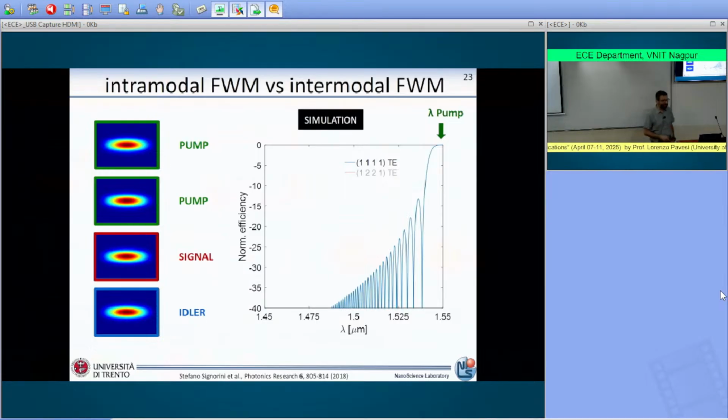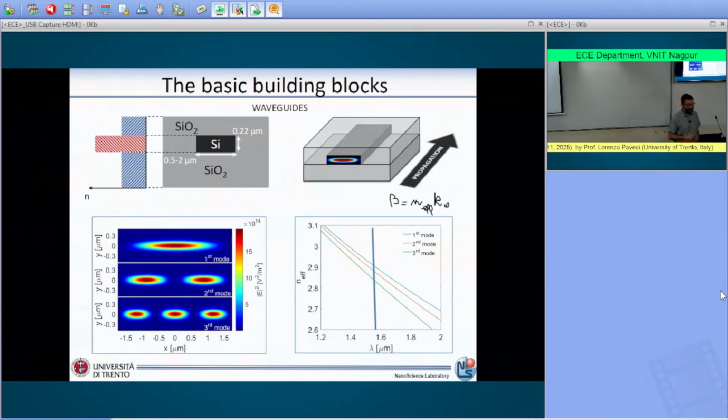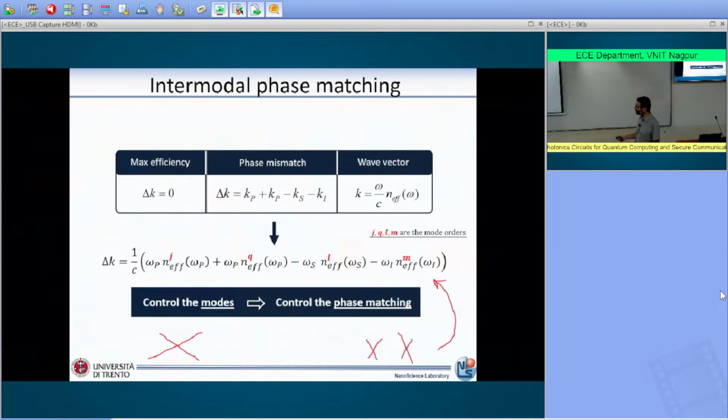So the situation changes if we go back and we try to use, instead of the same optical mode, different optical modes. In this case, for a fixed wavelength, the effective indices of the modes are different. So in this relationship, when we put delta k equals 0, we cannot simplify the effective index.